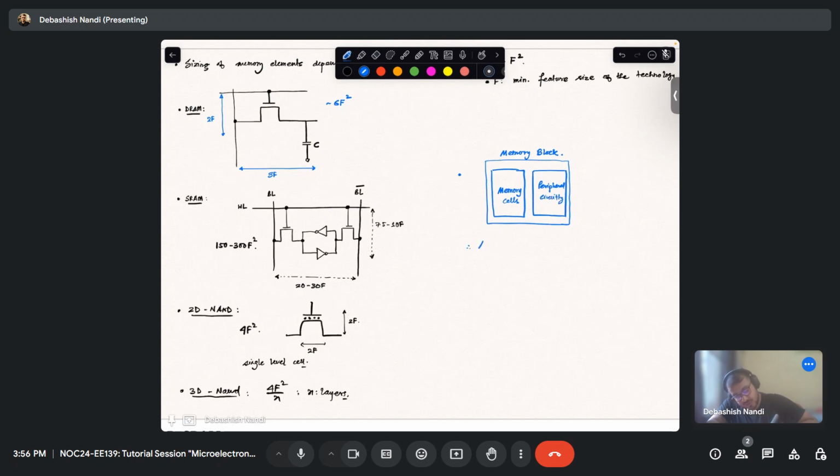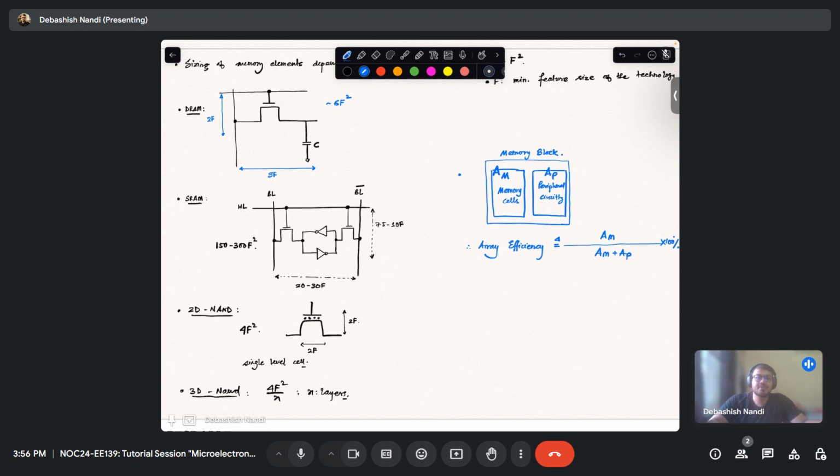So there is something called array efficiency of the memory array, that is defined by, let's say, area of memory cells AM and area of peripherals AP. So AM by AM plus AP times 100%. So this also is a very important parameter.